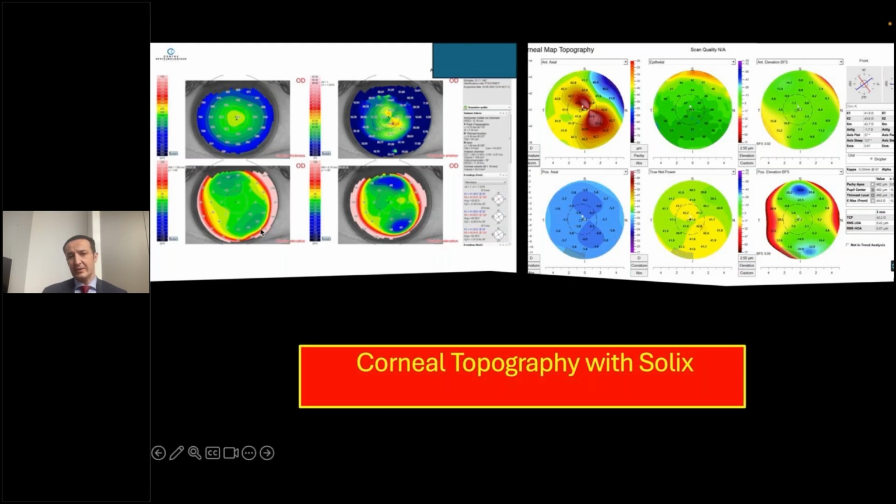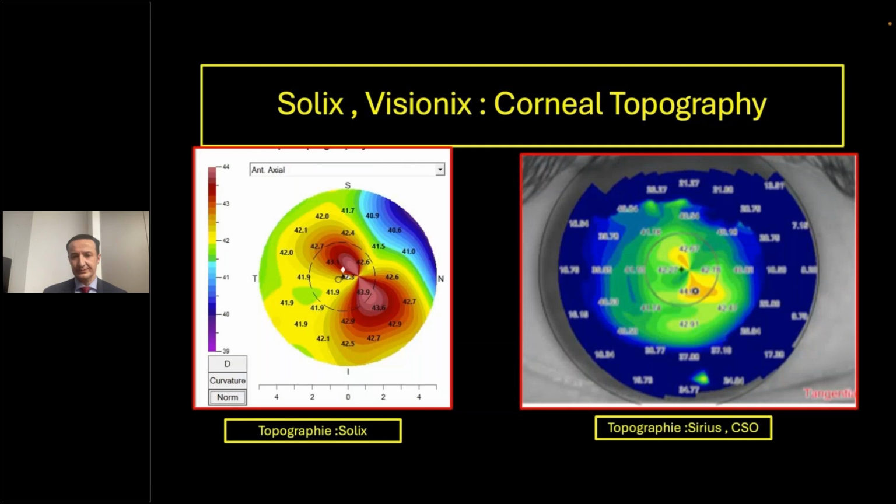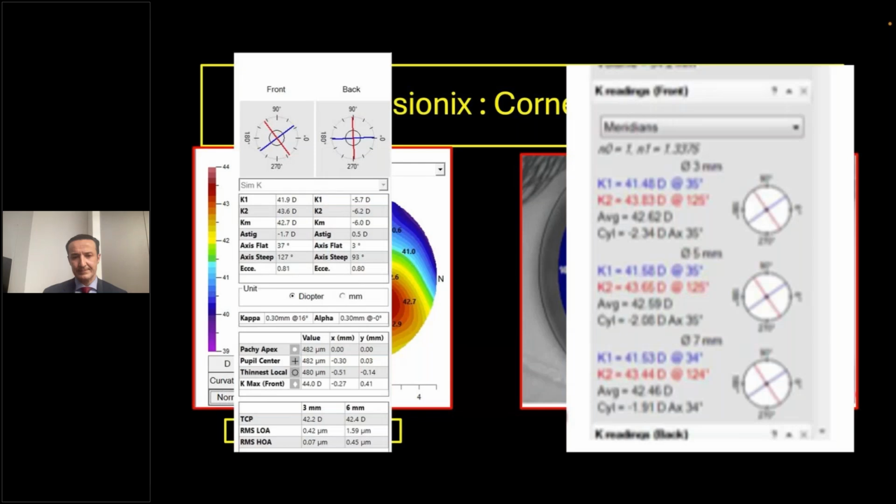And you have a very nice and reliable correlation between these exams, except that with the OCT you have a more precise analysis of the posterior curvature. And here the correlation between the Solix and the Cirrus, with very nice correlation about the keratometry assessment.